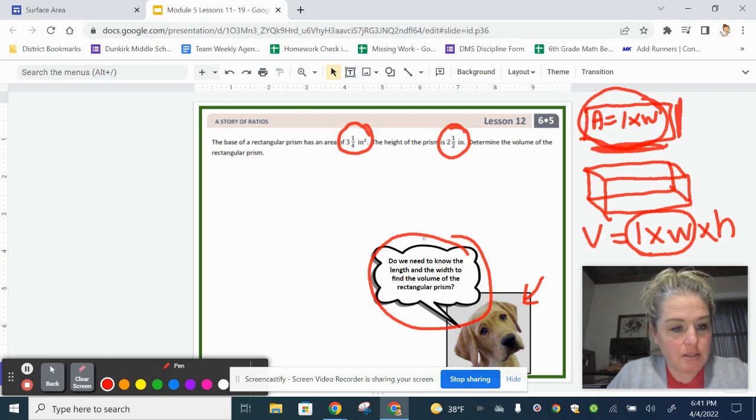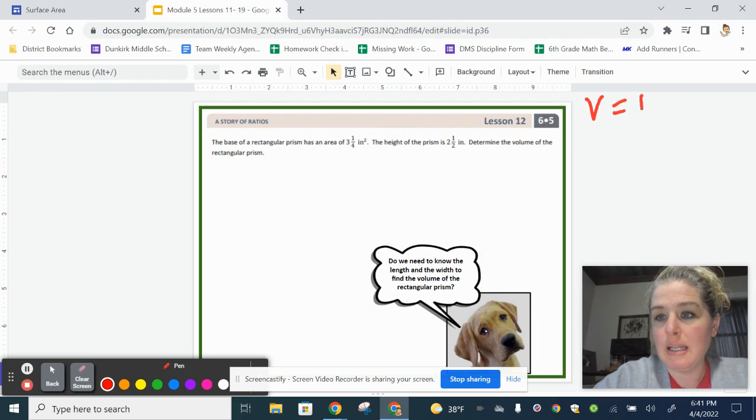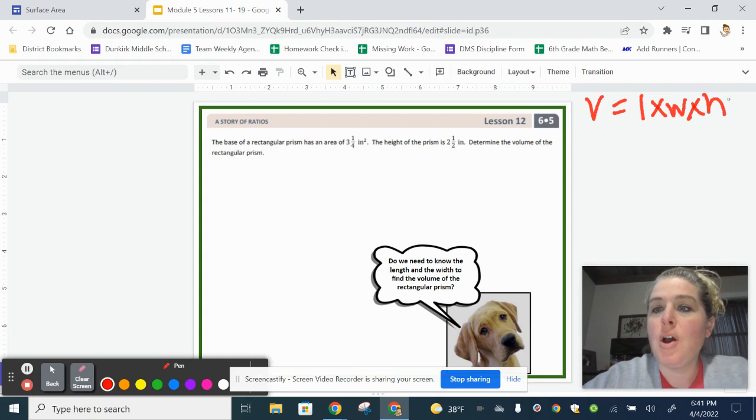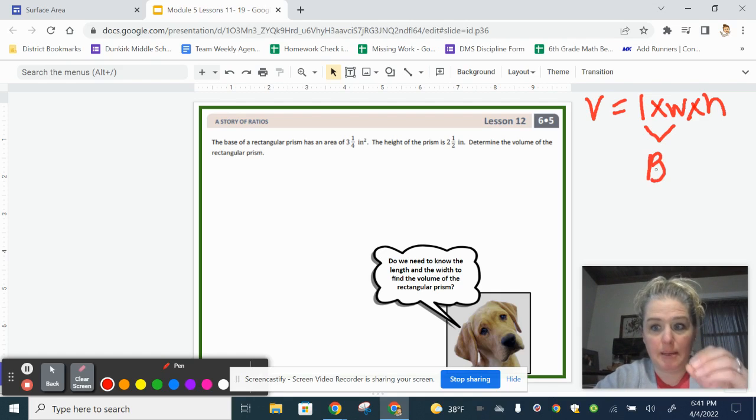So I'm going to clear this screen and we're going to put this together. So volume can equal length times width times height. Another way to say that is by combining our length and our width already to find the area of the base. And we indicate that with a capital B. So volume equals the area of the base times height.